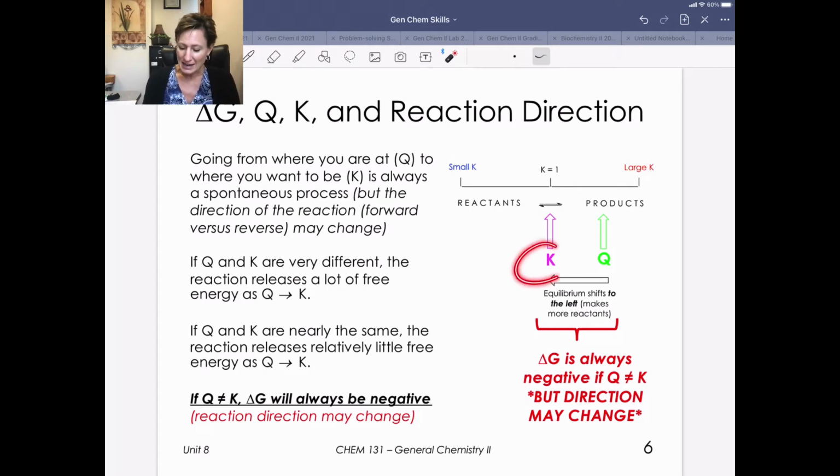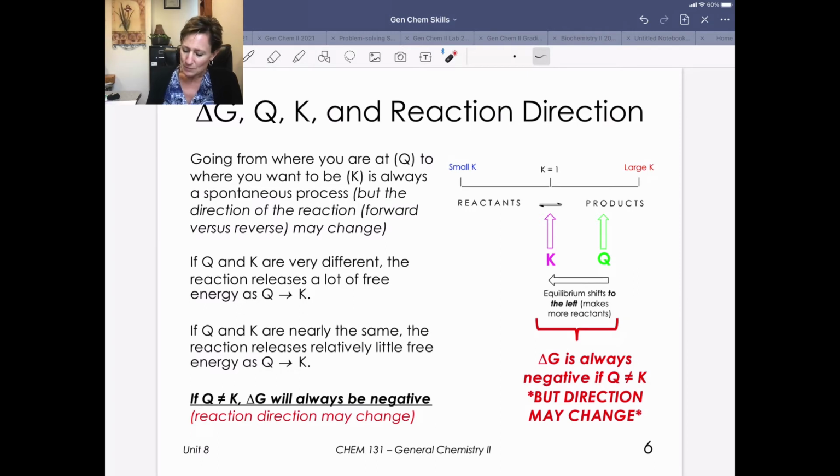Think about K kind of being this spot, this low point, if you will, on your energy minimum, on your energy landscape where you want to be. And if you're uphill anywhere on that, you're going to want to get to that downhill spot.